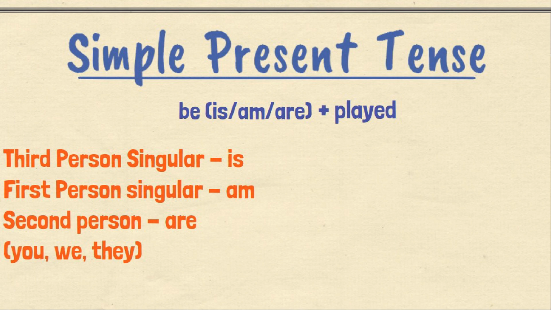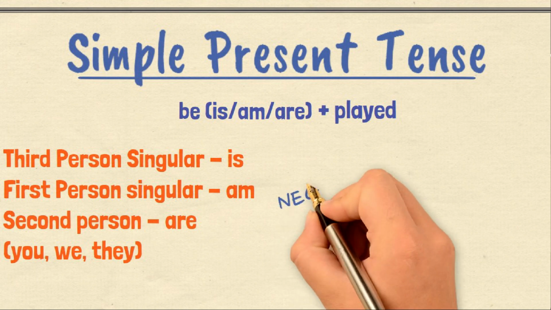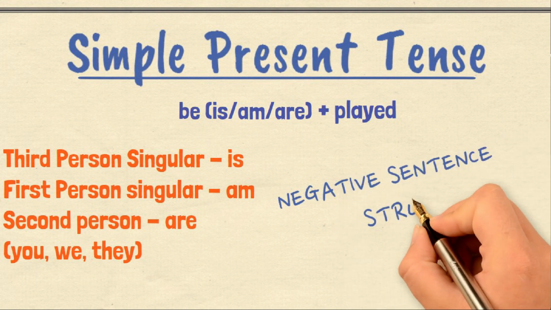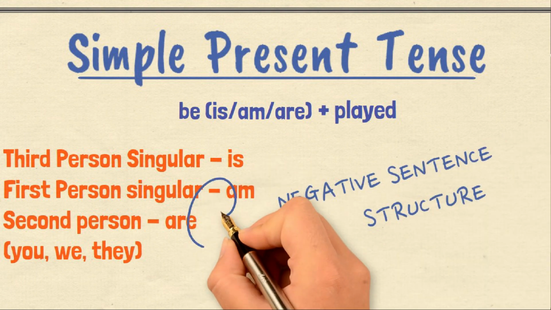It's also known as the third form of the main verb. Here it's played, in case of the verb that we have selected for this table, play. So its third form, its past participle, is played. So we'll use is, am, are plus played in the present simple tense and in the affirmative sentences.